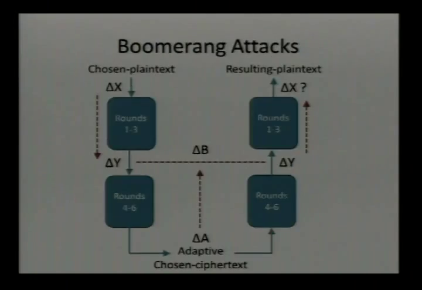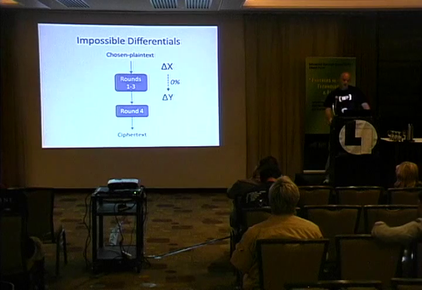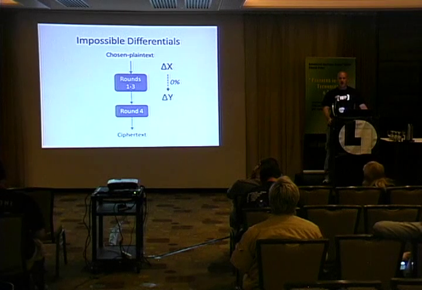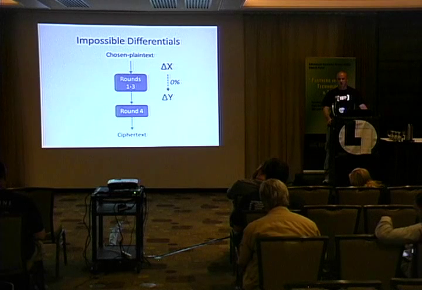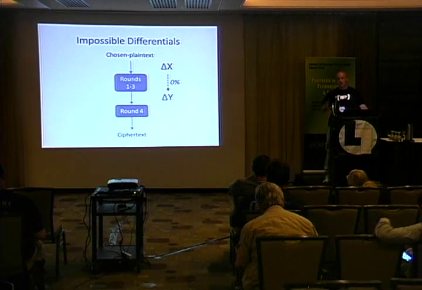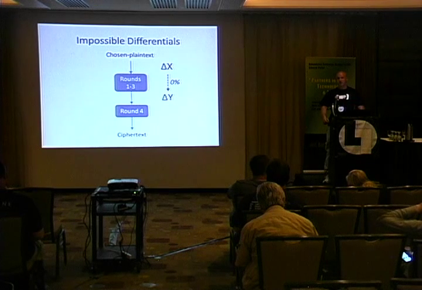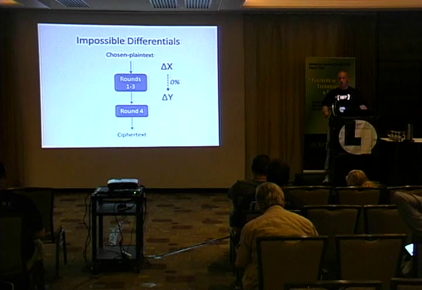All right. Let's see. Okay, on the opposite end of the spectrum, instead of using differentials that we know happen 100% of the time, you can use differentials that you know happen 0% of the time. In other words, I start with a number, I feed it in, then I start with that same number, change one bit, feed it in again, and see what changes at the end.